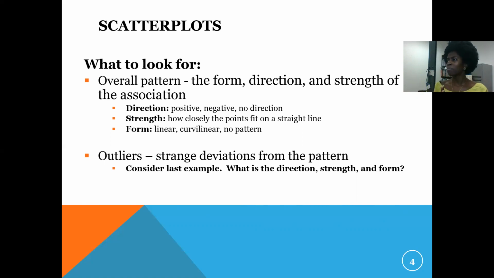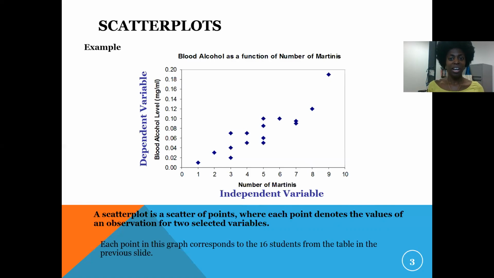And then, of course, these variables, their values could have some outliers. There could be strange deviations from the pattern. Consider the example here. Maybe the person who had 9 martinis might be an outlier, right? Because we could see a line possibly going through here, and this person is sort of outside of that line.